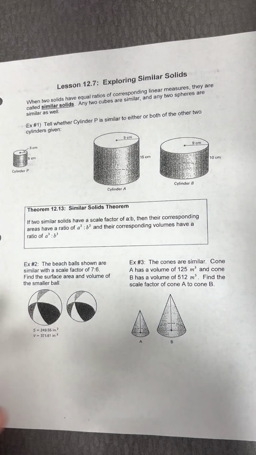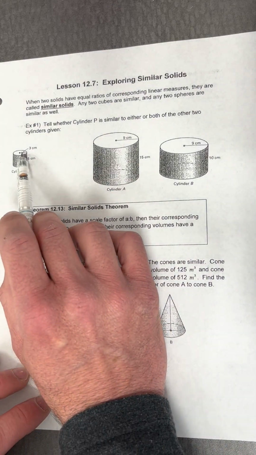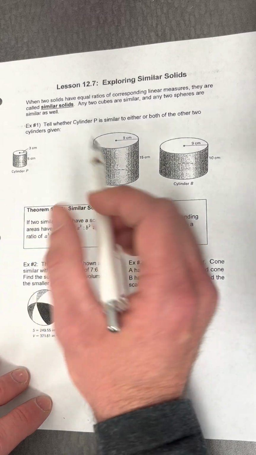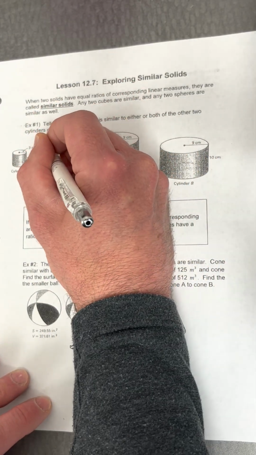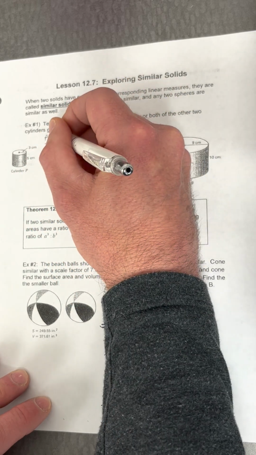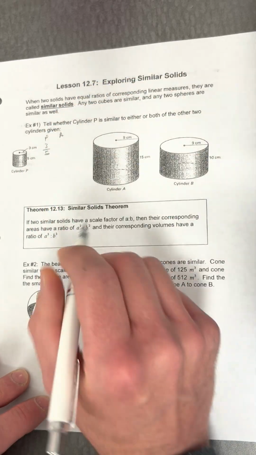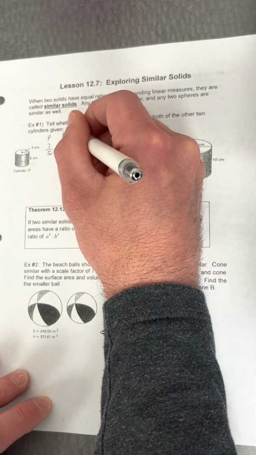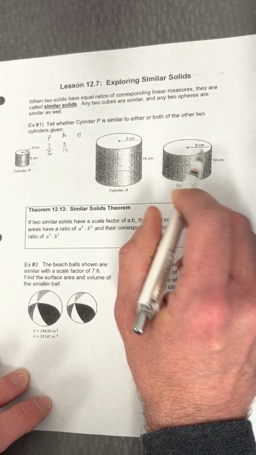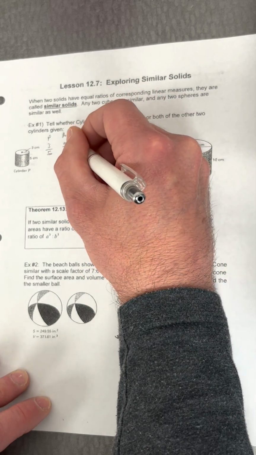The first way I thought about was comparing radius to height and getting that ratio. So this is cylinder P. Radius to height is 3 to 5. On A, it was 9 to 15. And on B, the radius to height was 9 to 10.